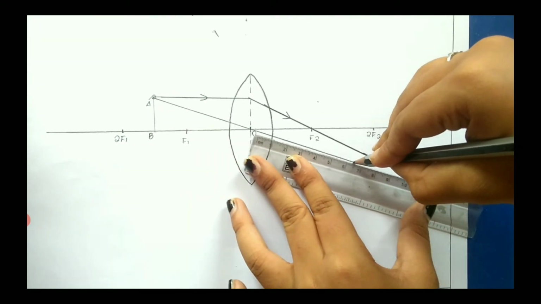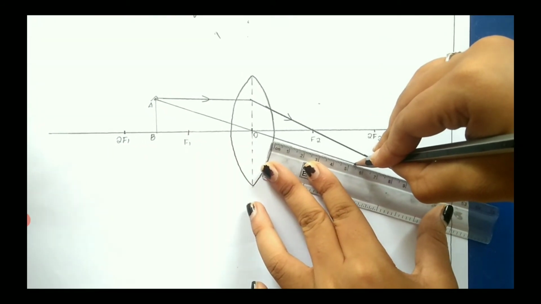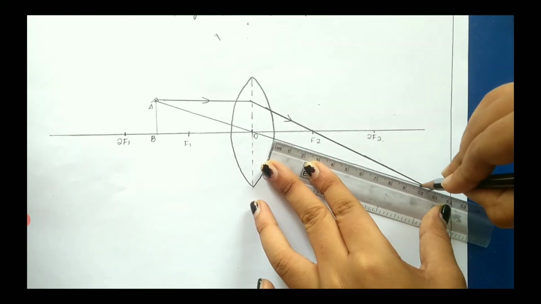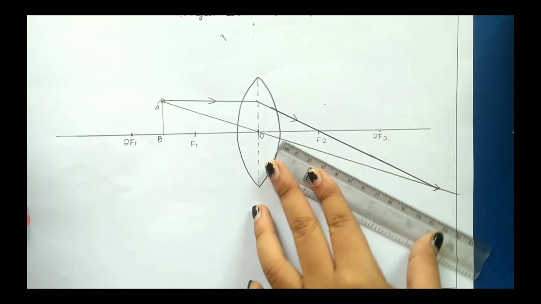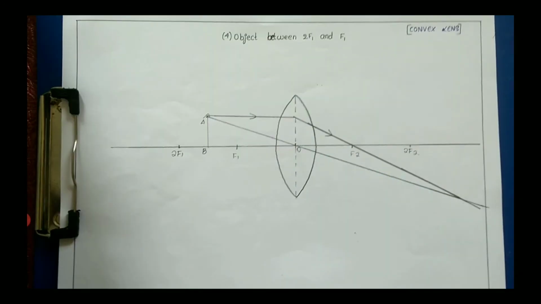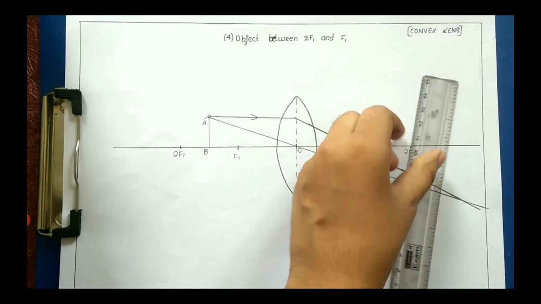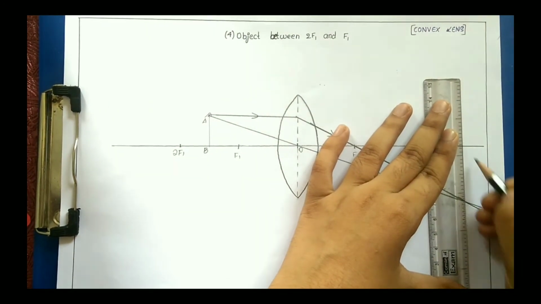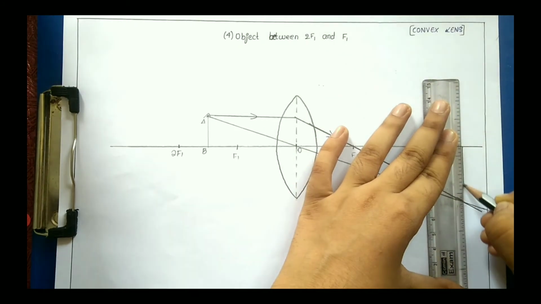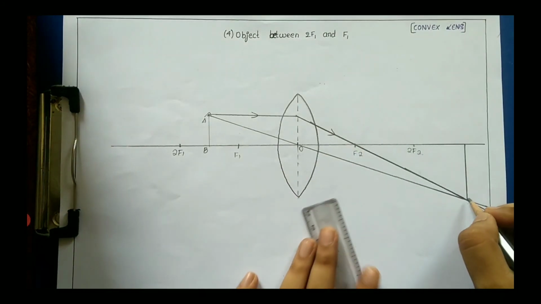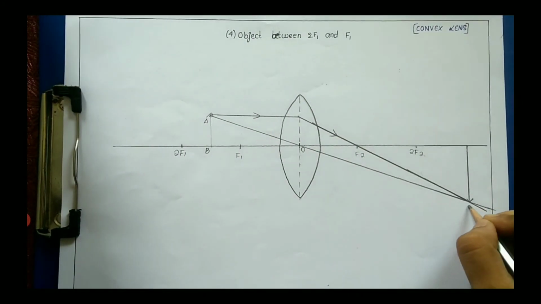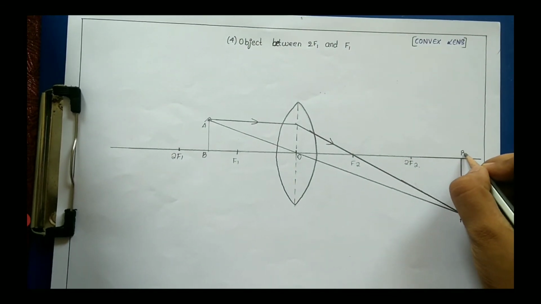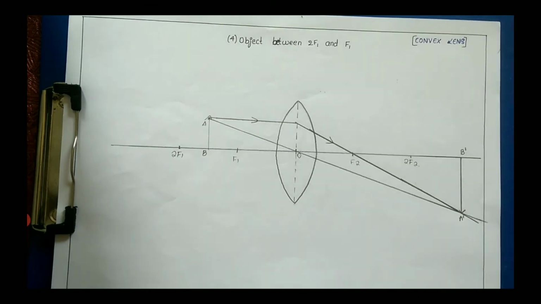The refracted ray which passes through the principal focus and this ray meet at a point, and mark that point. Here you mark the point at which both the rays meet, and this is the position of the image. When the object is between F1 and 2F1, you get the image beyond 2F2.